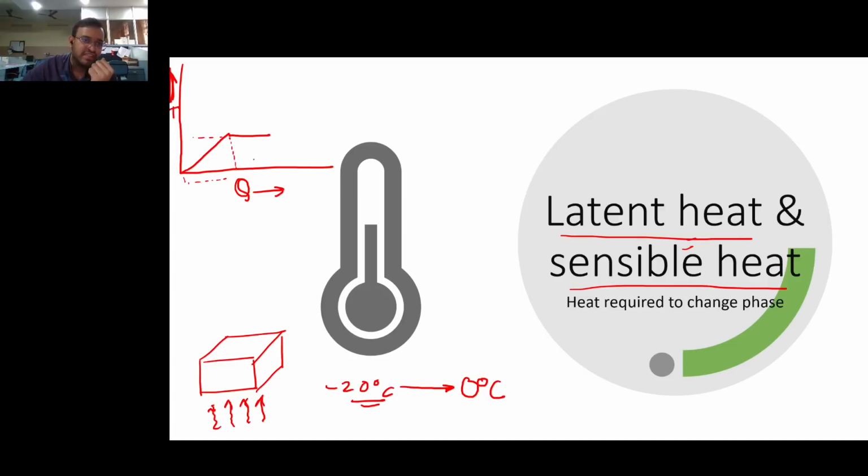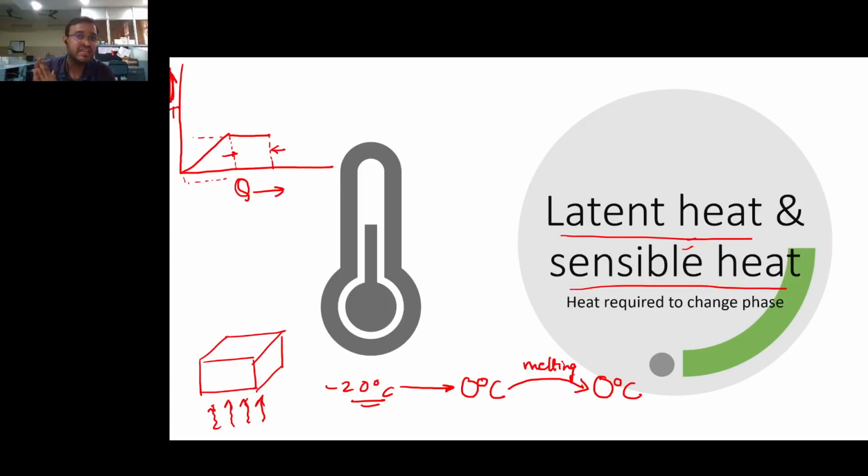Now you're going to utilize this amount of energy from this point till this point entirely to just melt this block of ice. So at this point of time, you're melting it. And now you are left with water at 0 degrees Celsius. Once you have heated this up, the ice has changed its phase from 0 degree ice to 0 degree water.